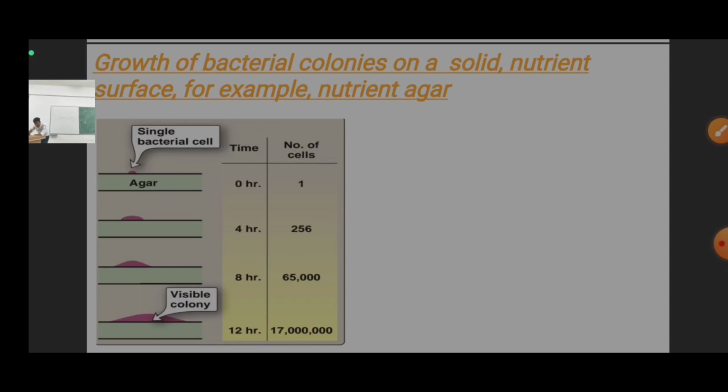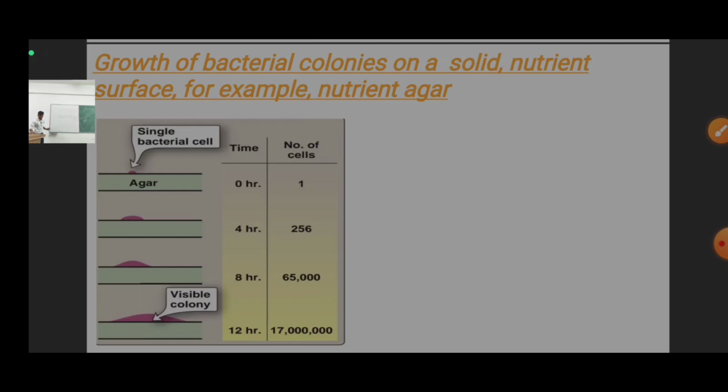At 4 hours, the number of cells is 256. See how fast they are growing. At 8 hours, they become 65,000. And at 12 hours, they become 1 crore 70 lakh, that's the visible colony.